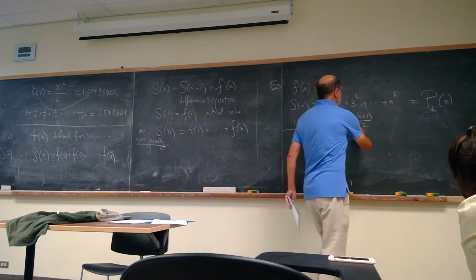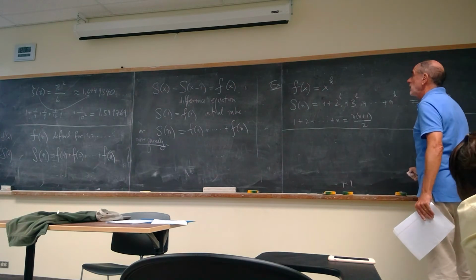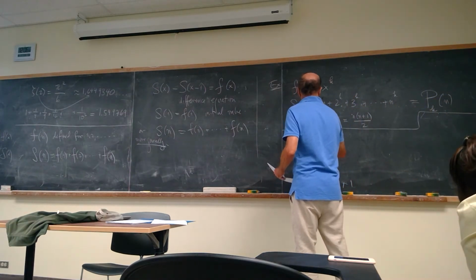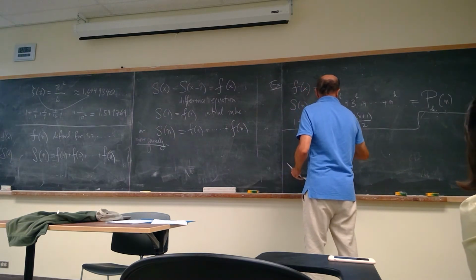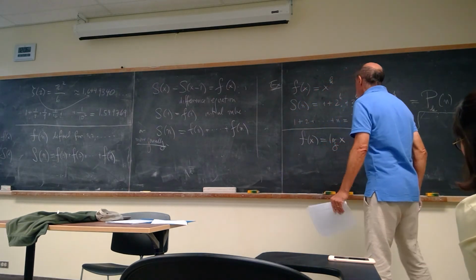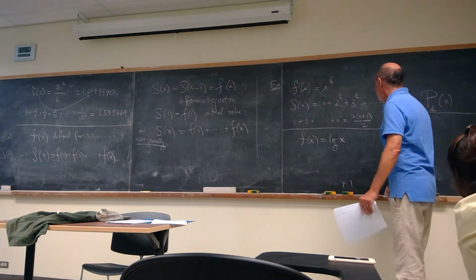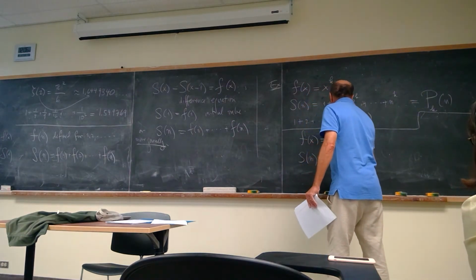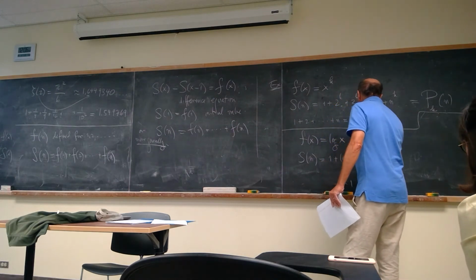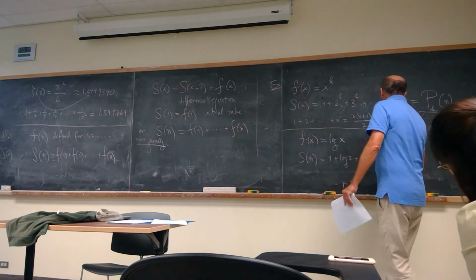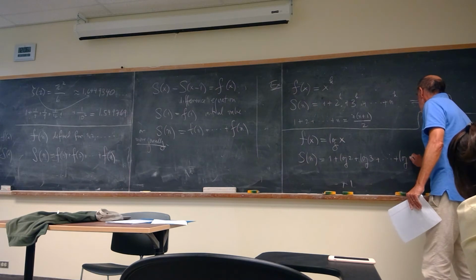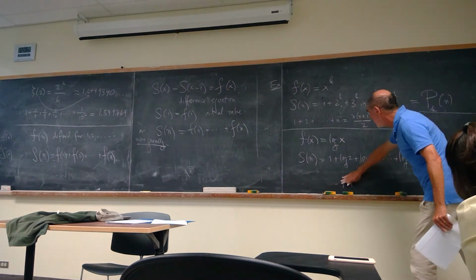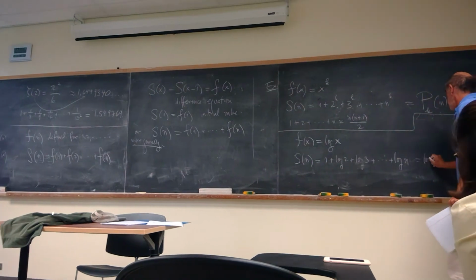Another example that had been studied before Euler's time, but Euler was able to refine, was f of x equal to the log of x. Okay, then s of n is the log of 1 plus the log of 2 plus the log of 3 plus ... the log of n, and since the sum of the logs is the log of the product, this is the log of n factorial.